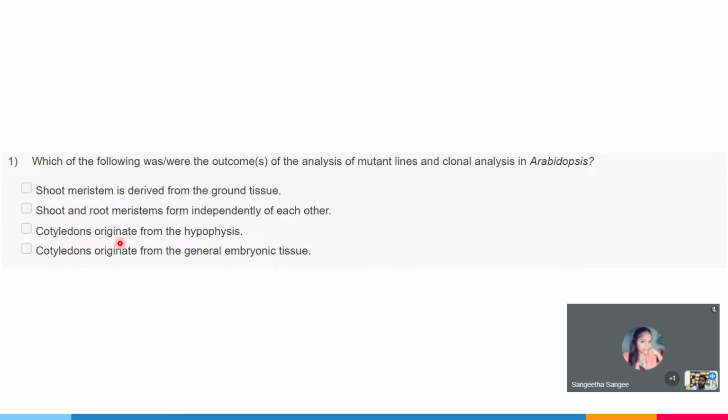Third is cotyledons originate from the hypophysis. And the fourth is cotyledons originate from the general embryonic tissue. This is a more than one correct option question, because there are four. It's a round box type of question, so more than one will be correct. So will anyone try to answer this? At least guess which one could be correct.